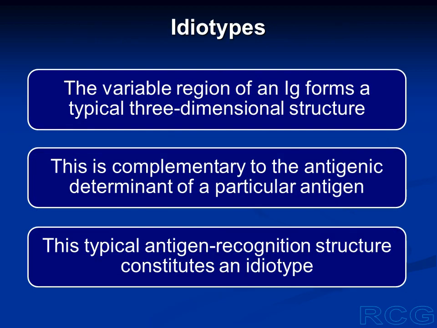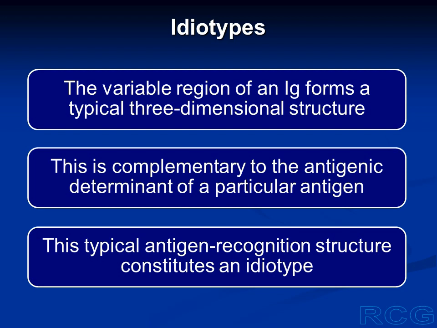As we have seen earlier, the variable region of light chain and heavy chain present in an immunoglobulin molecule form the antigen recognition site, and this antigen recognition site has a typical three-dimensional structure which is complementary to the epitope or antigenic determinant of a particular antigen.